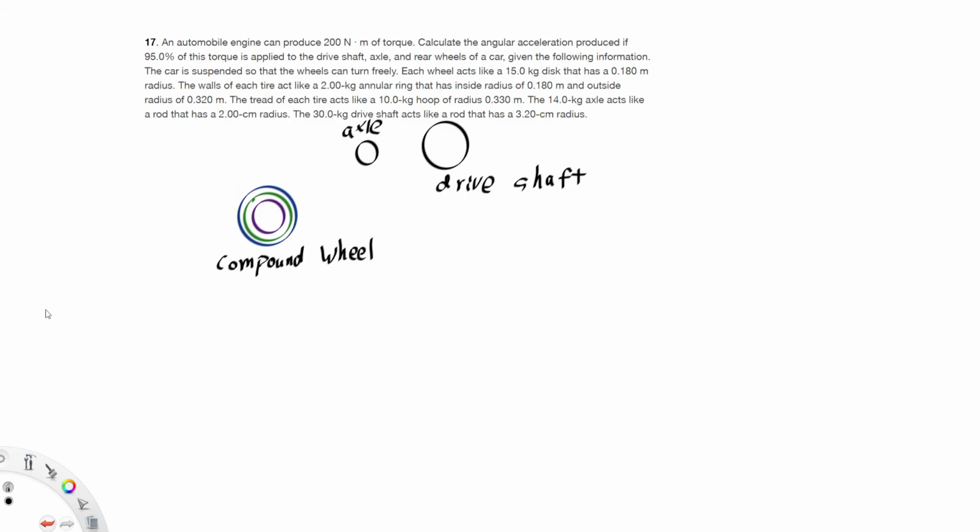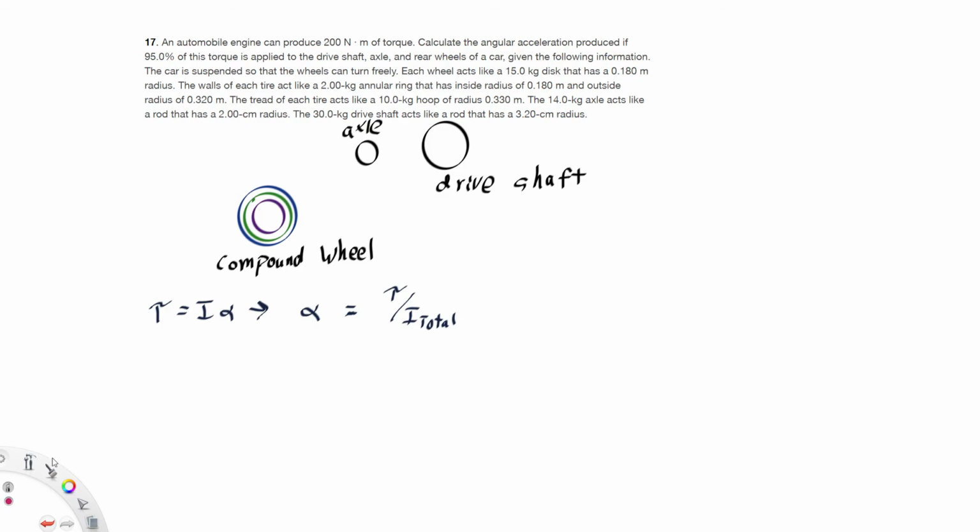So we want to know what's the angular acceleration of the whole drive assembly of the car. And we know that torque equals I alpha. So the angular acceleration of the whole assembly is going to be equal to the torque supplied, which is 200, over the total moment of inertia.